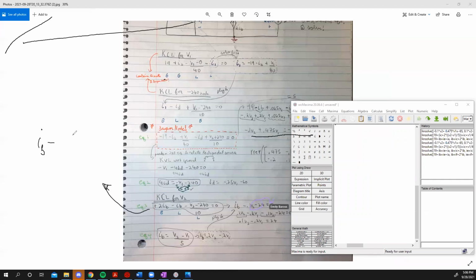And then you move it to the other side, so it's plus 24. It's not minus 240, it's minus -240. Oh, so it's plus. Okay. So you have -24 equals 0, but when you move it to the other side, it's plus 24, like here, right here.